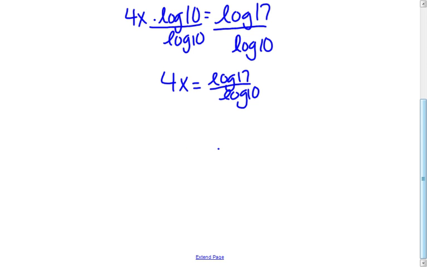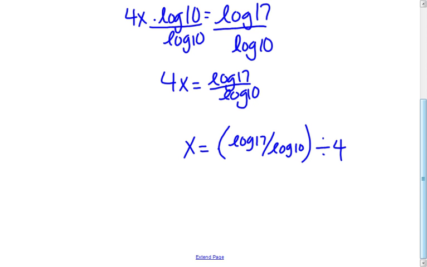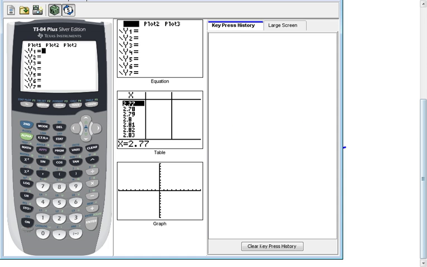And you can stick this all into your calculator. So I will stick this in as log of 17 divided by log of 10, that quantity, divided by 4. So I'm going to go to my calculator, and it's best if you don't round. It's best if you leave this all in here and do it all in one step. So log of 17, I'm going to push this on your calculator so that you can see what I'm doing here.